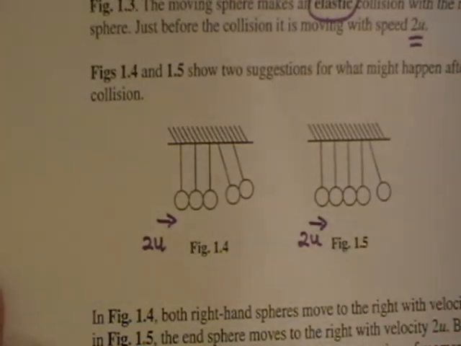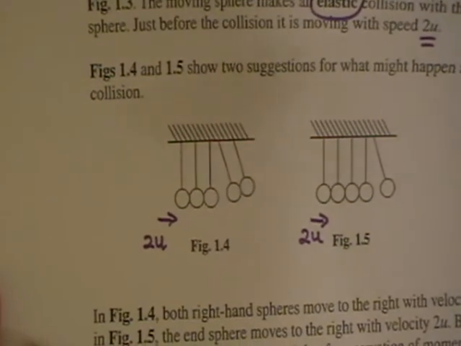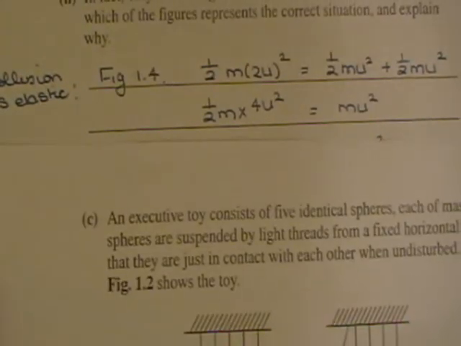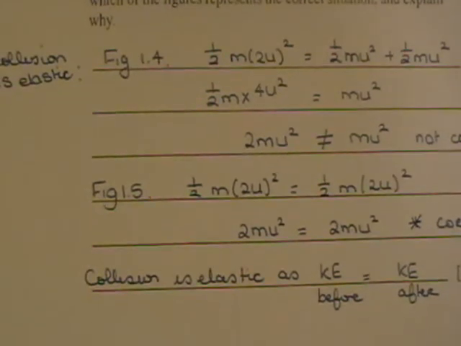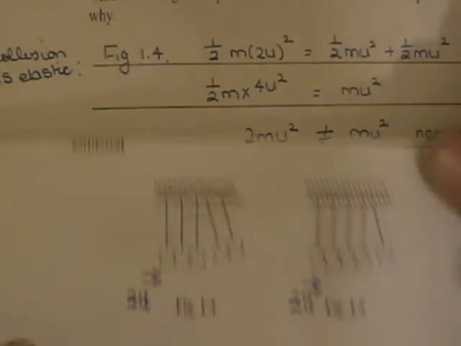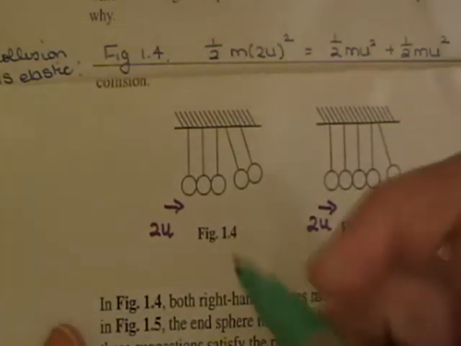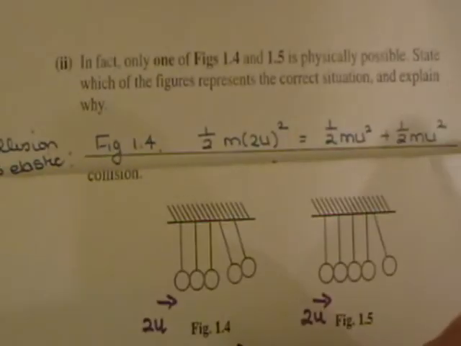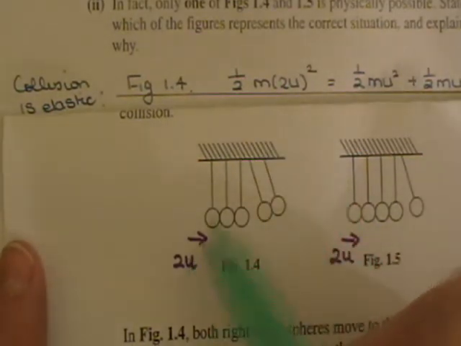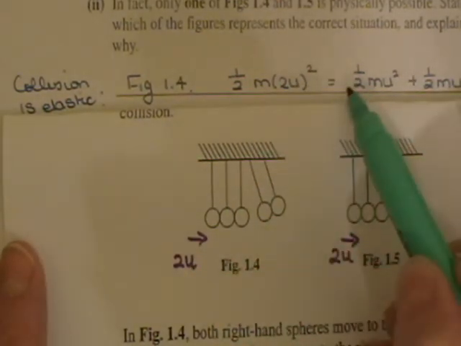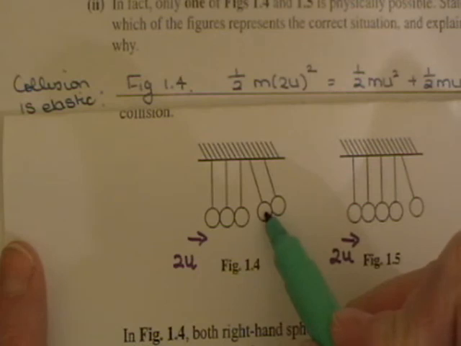So figure 1.4, if I just bend this page just to show you. There's figure 1.4 here, and you can see initially you've got half mv squared, so half m times 2u squared, equal to the kinetic energy of each one on its own, which has a velocity of u.